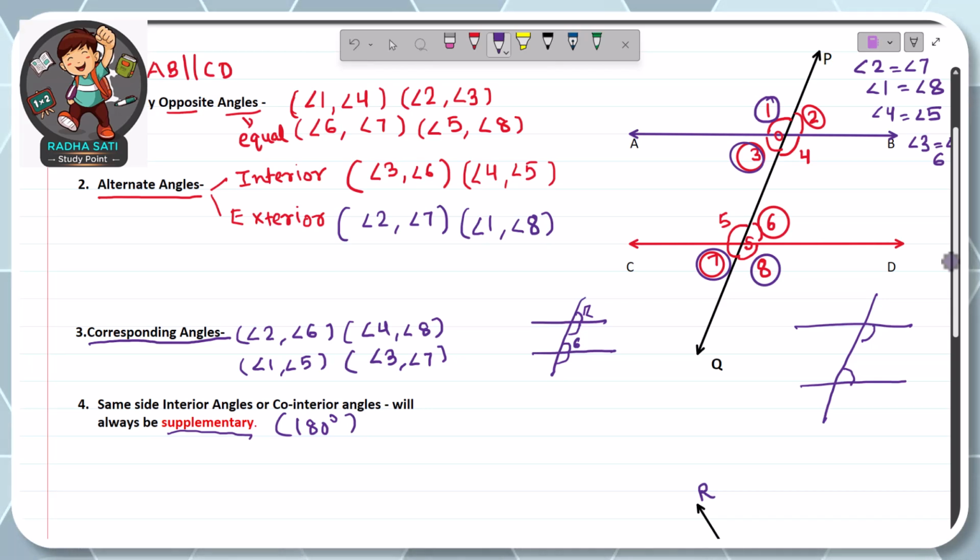This means if this angle is 120 degrees, then this angle will be 60 degrees, and the sum of these two angles will always be 180 degrees.